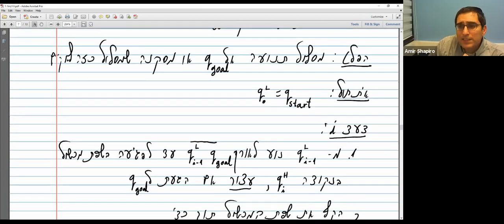So this is the initial step. In the initial step, we set Q0 leave. L is the leave point, the start. And then in the ith step of the algorithm, this is done continuously.